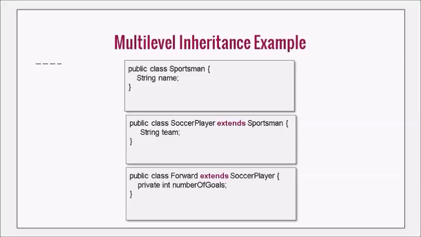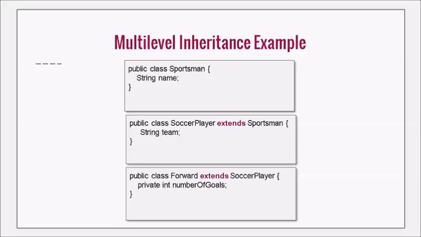Then the third level, which is the forward. There can be many kinds of soccer player, like forward, midfielder, or goalkeeper. So let's assume that there is a player type called forward. Forward extends soccer player. That means the forward is a type of soccer player. This forward class has its own variable called number of goals which has been scored by the forward.